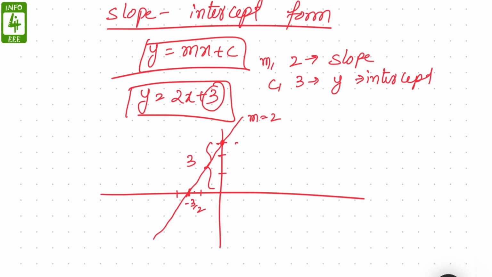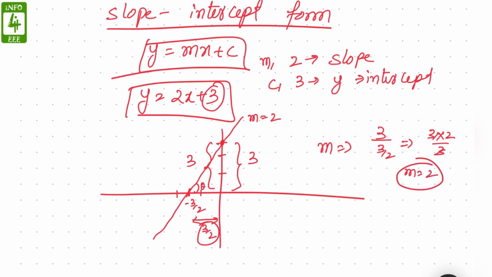This is the rise, this is tan theta, the rise is 3, and the run is 3 by 2. So the slope m is rise by run. If you solve this, it is 3 into 2 by 3, so the slope is 2, which is already given here. So that's how you will use and solve the slope intercept form.